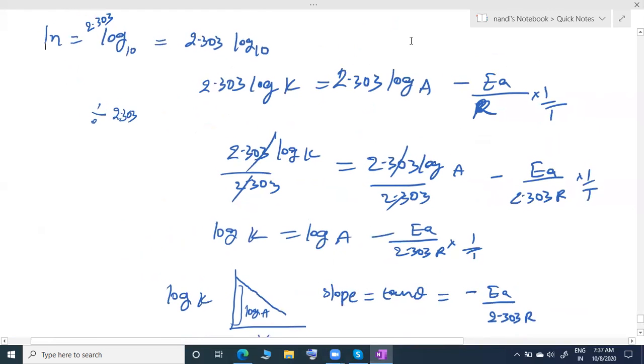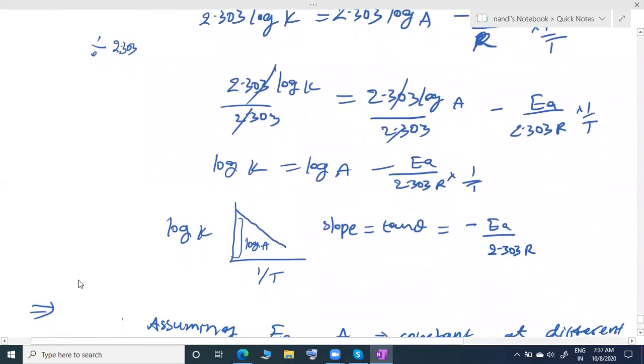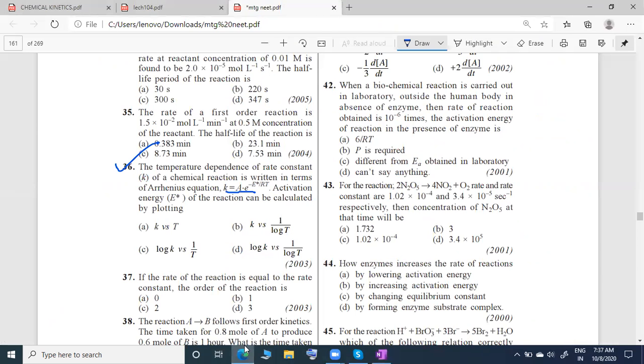Here log K versus 1 by T I have given, or ln K versus 1 by T. So your answer should be C.